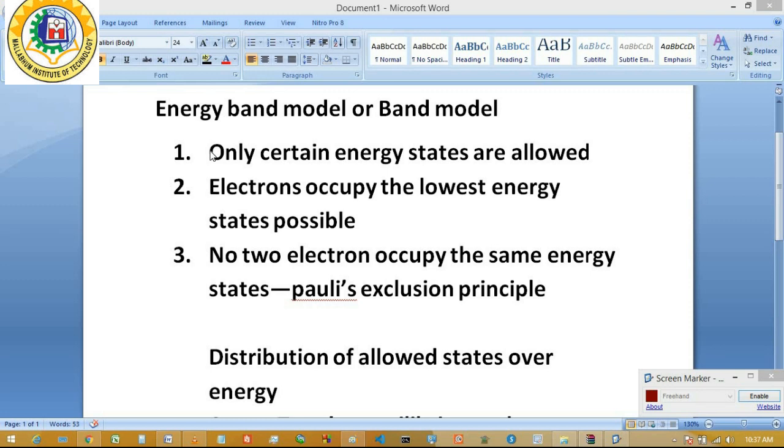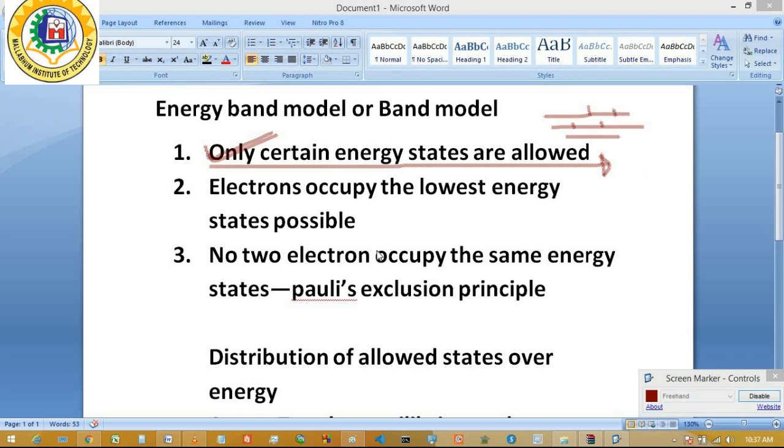That means the energy states in an atom are not continuous, they are discrete. So not all of the energy states are allowed where an electron can reside.